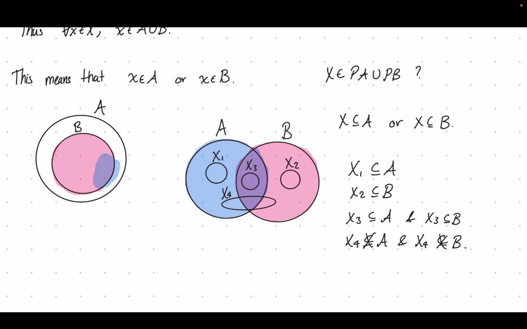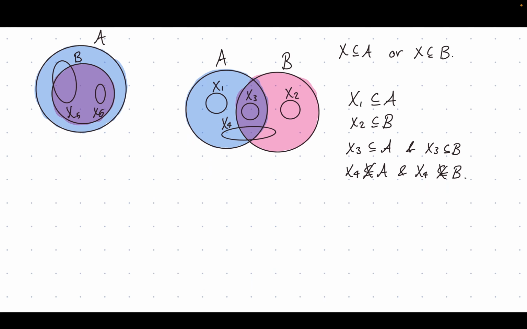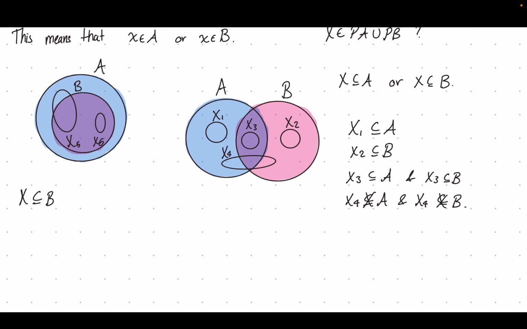In this case, we have that if X is in the union of A and B, then it has to be somewhere within this circle. And no matter what you pick as your X, this can be X, let's call it X5 or X6, no matter what you pick, you will have that even if X is not a subset of B, X is necessarily a subset of A, right?